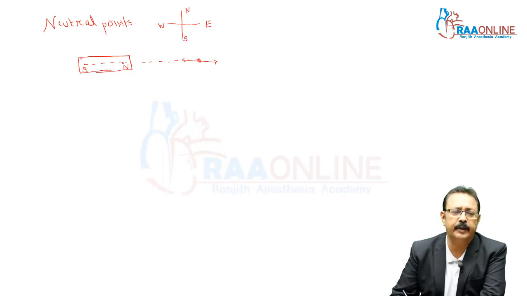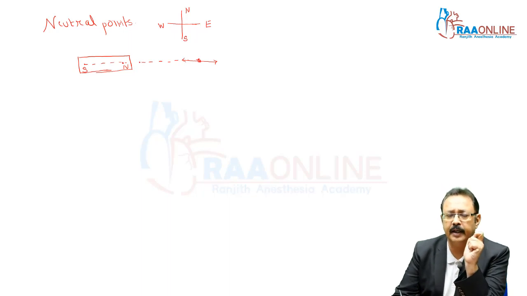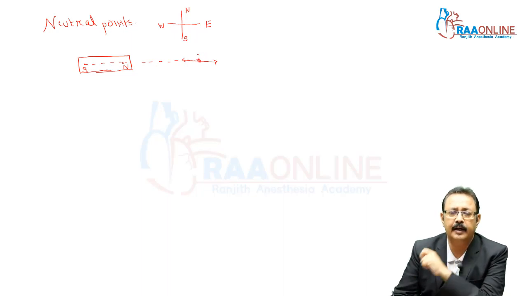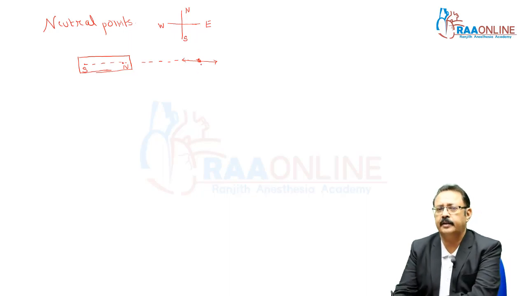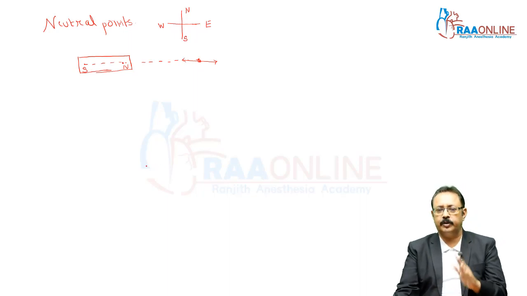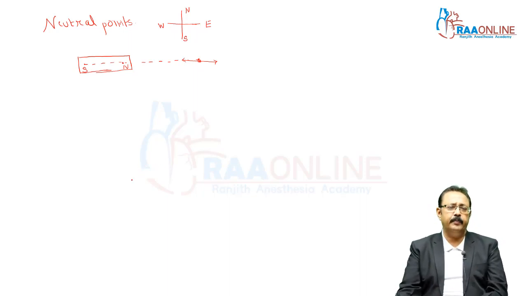So if I am keeping the magnet's north pole or south pole in the east-west direction, I will not get any point where the intensity of the magnetic field due to this magnet can cancel the Earth's magnetic field, meaning the horizontal component of Earth's magnetic field, because it is in a perpendicular direction. Two vectors can cancel each other only and only if they are in opposite directions. So I will not get any point where the magnet's magnetic field is cancelling the horizontal component of Earth's magnetic field. Those points are known as neutral points.